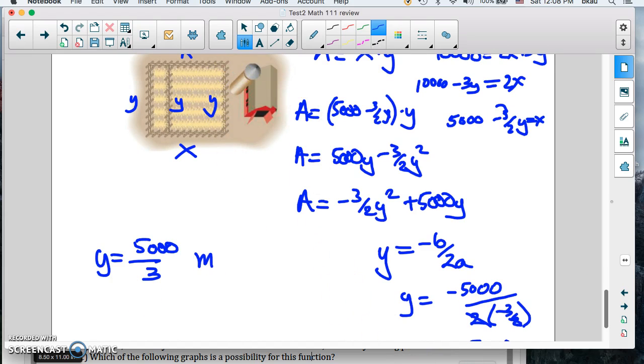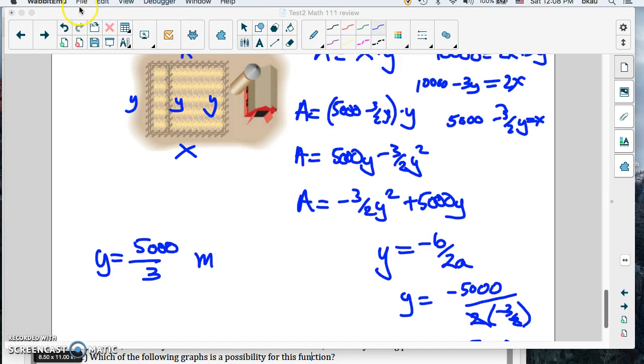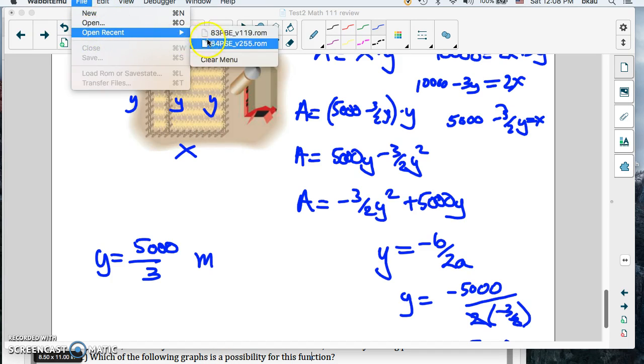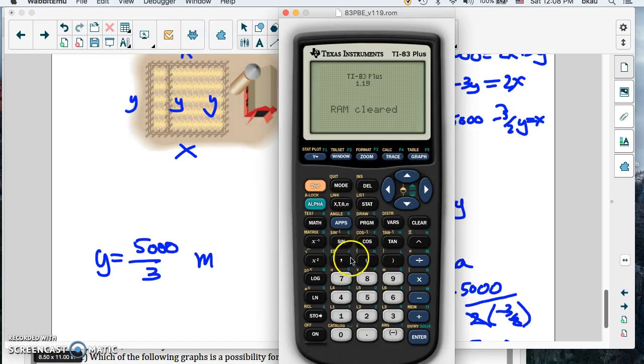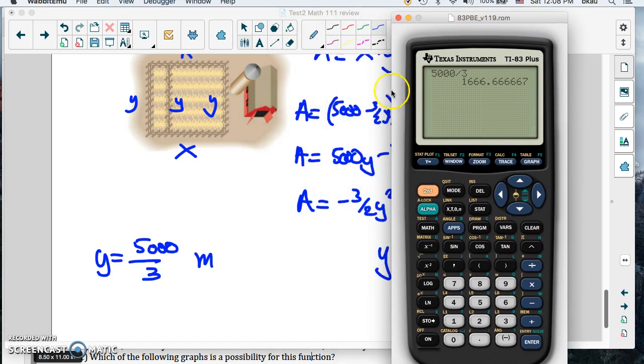Now, 5,000 divided by 3, I think, is like 1666 2/3. Let's just double check that with the calculator. 5,000 divided by 3. Yep, 1666 2/3.